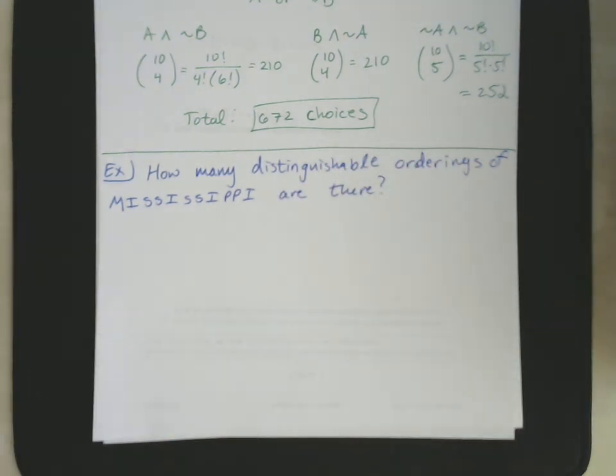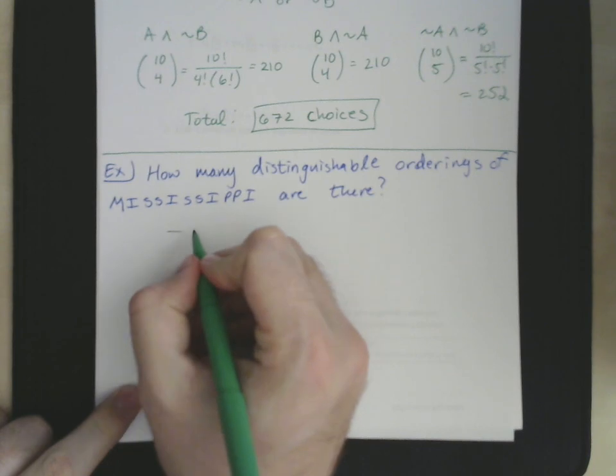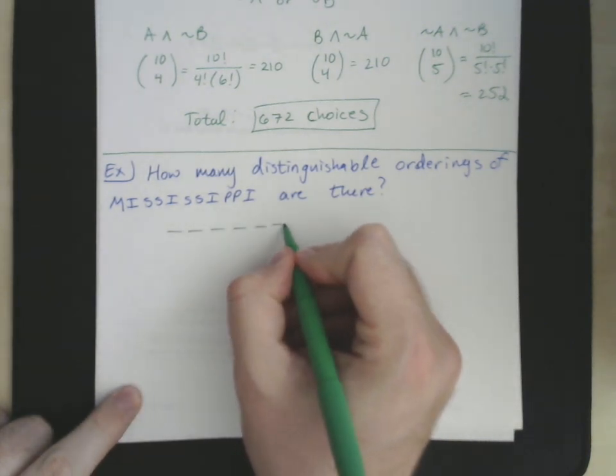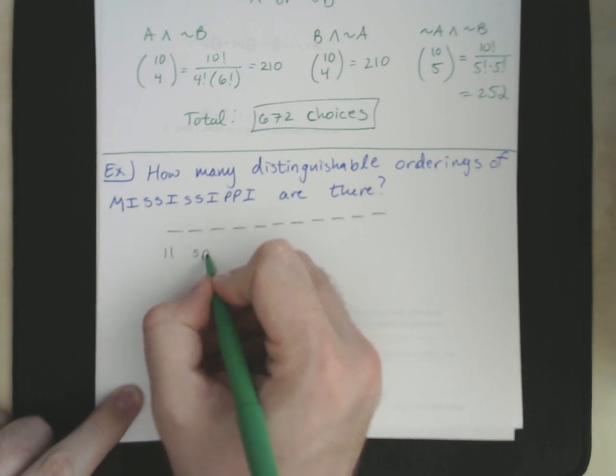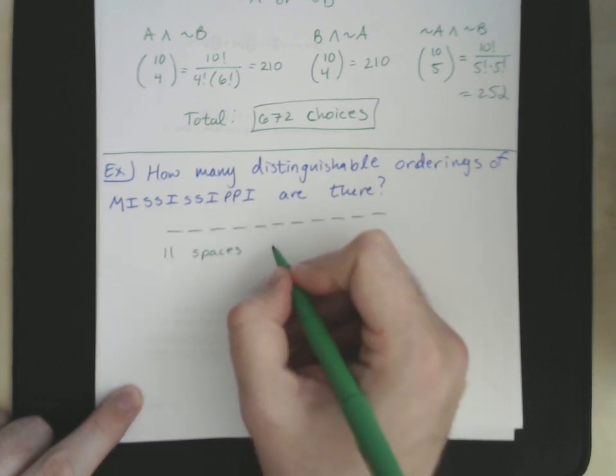Now, why do we choose Mississippi? Because it has a lot of repeated letters. So we know there are 11 spaces, 2, 3, 4, 5, 6, 7, 8, 9, 10, 11. 11 spaces that we can order up.